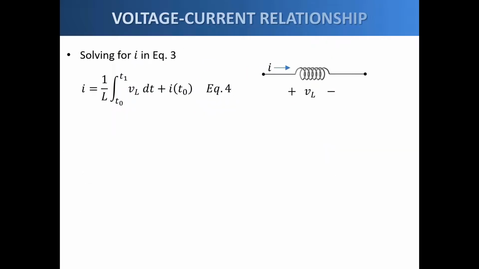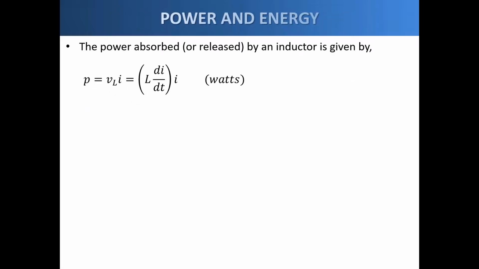Also from equation 3, if we're given the equation for V sub L, we can actually solve for the current by doing integration. We could also compute the power and energy of the inductor.